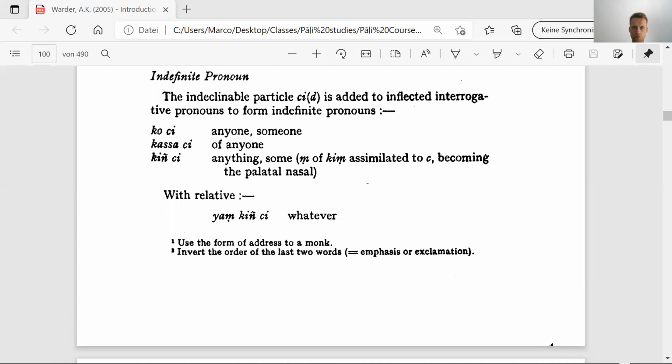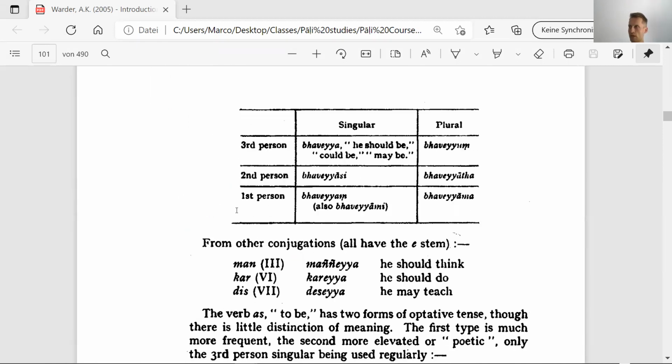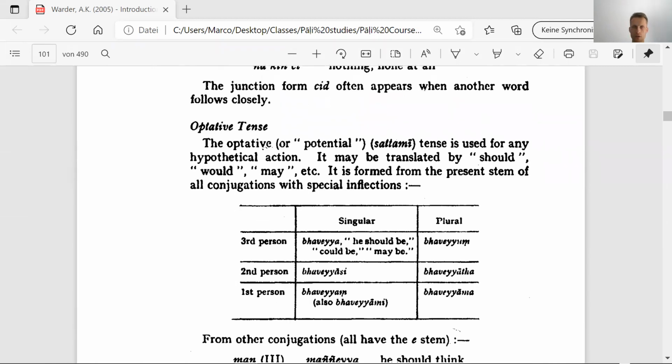When we speak of the optative, we have certain forms. Now the optative is formed from the present stem plus the suffix eyya or e, plus the inflections.